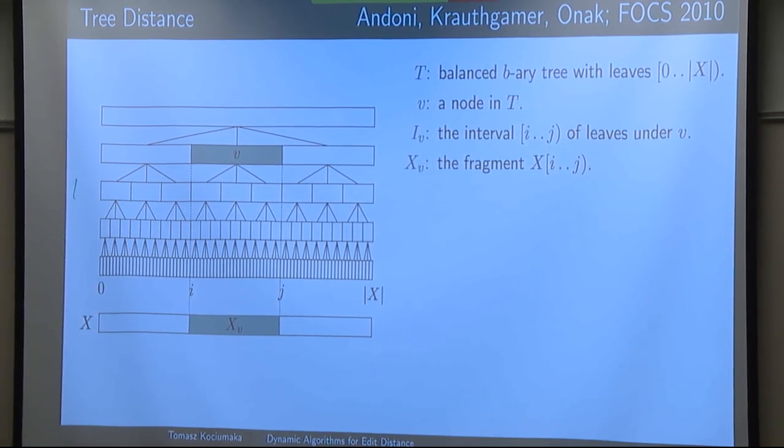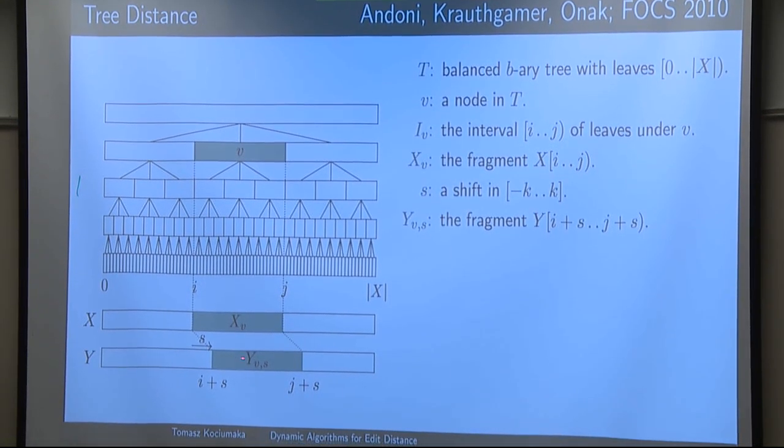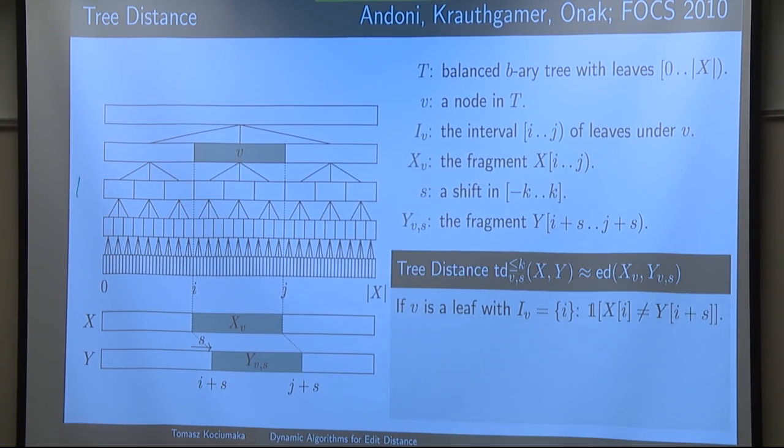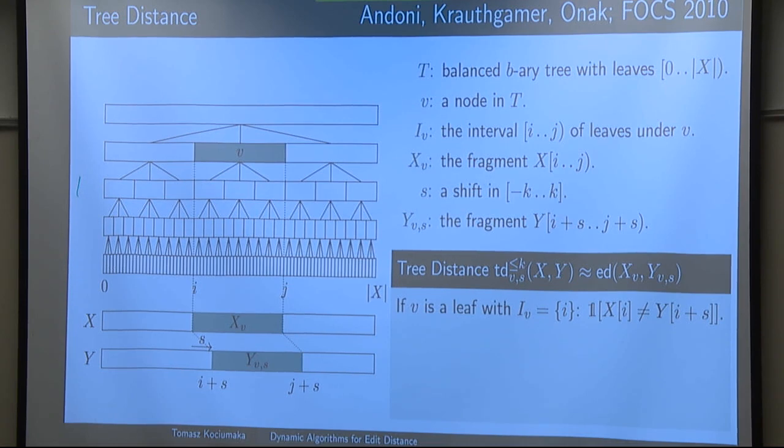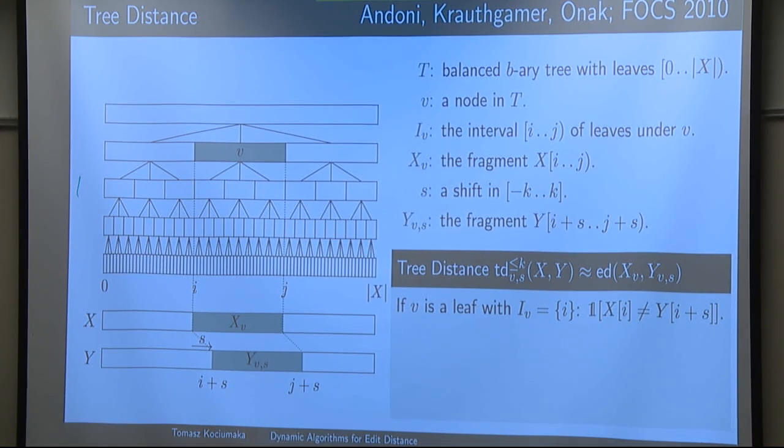And then, to define the algorithm, we also need to consider the corresponding fragment of y shifted by some shift s, which could be between minus k and plus k. So the quantities this static algorithm computes are some values which can be thought of as a reasonable approximation of the distance between this fragment x_v and the fragment y_{v,s}. And they are computed recursively.